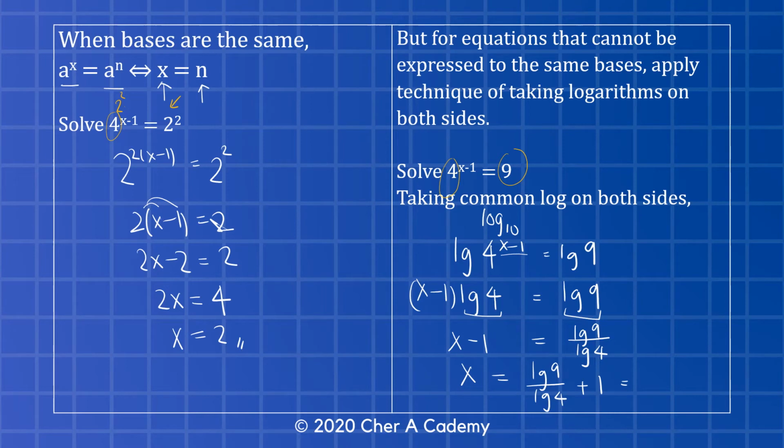And when you key in the calculator, I will have 2.58496. Correcting to 3 significant figures, I'll have 2.58.